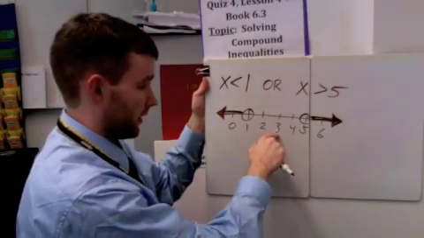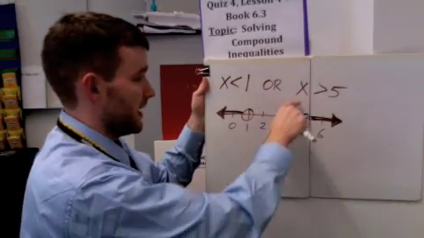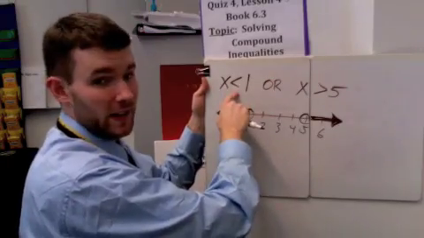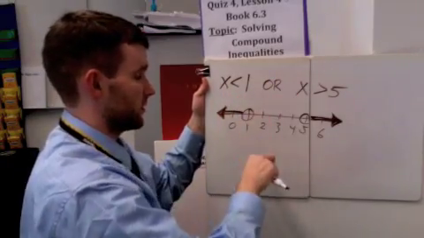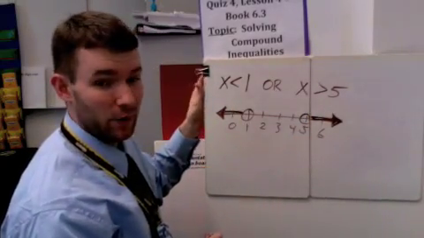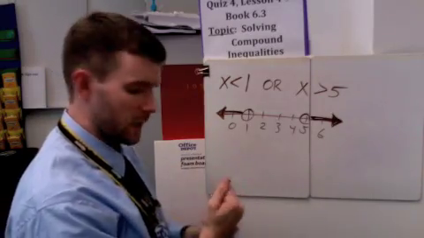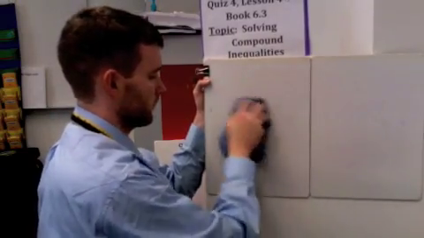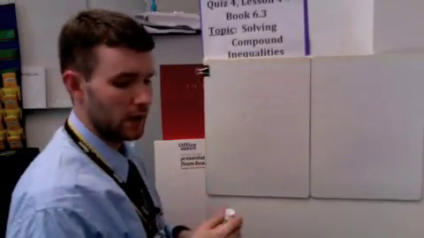Okay, and if we pick a number like 3, for instance, then if we tested it, 3 isn't greater than 5, that didn't work, and 3 isn't less than 1, that didn't work either. So neither of those is true. It's got to be either greater than 5 or less than 1. It can't be both at the same time. Okay, so that's how you graph compound inequalities.